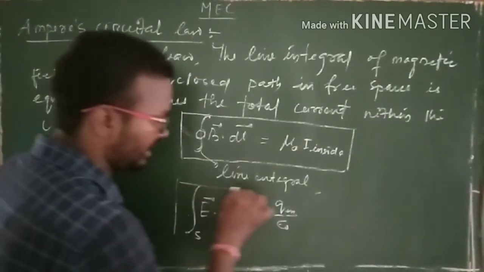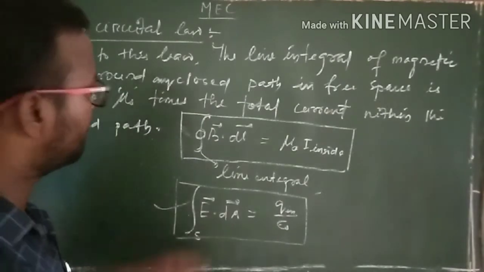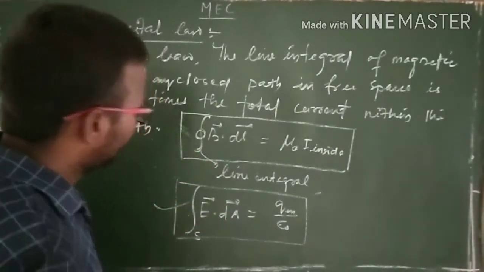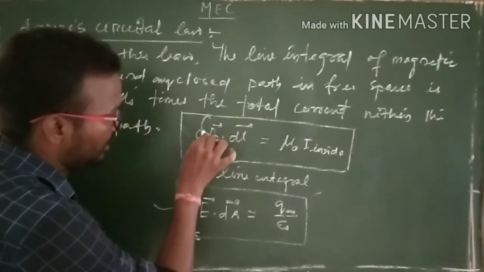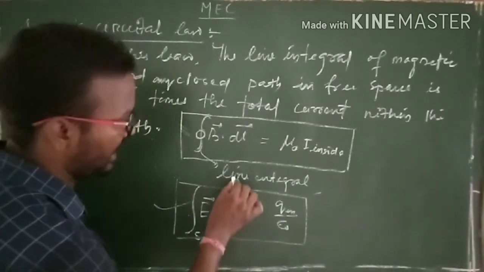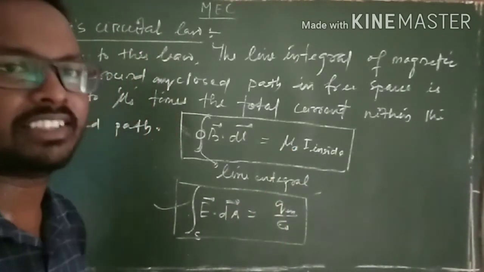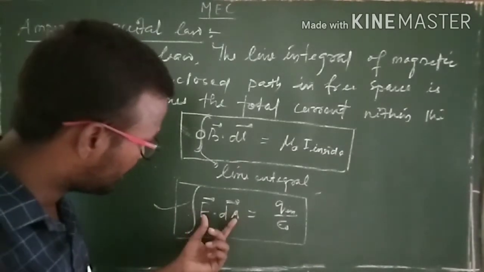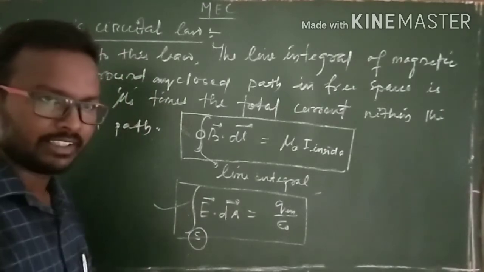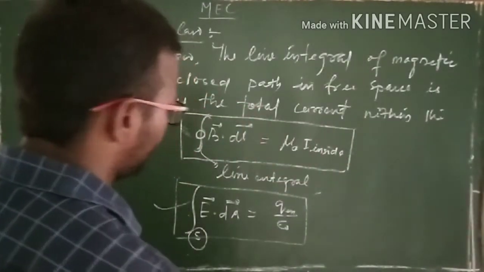This is Gauss law in electrostatics, and this is Ampere's circuital law in the magnetism case. The circle on the integral indicates a closed path. Ampere's circuital law deals with length, but Gauss law deals with the surface. This is the difference between Ampere's circuital law and Gauss law.